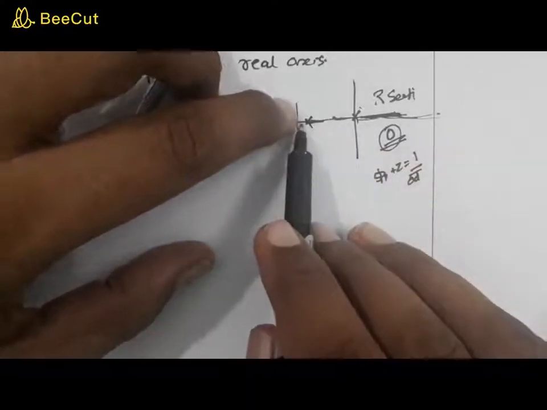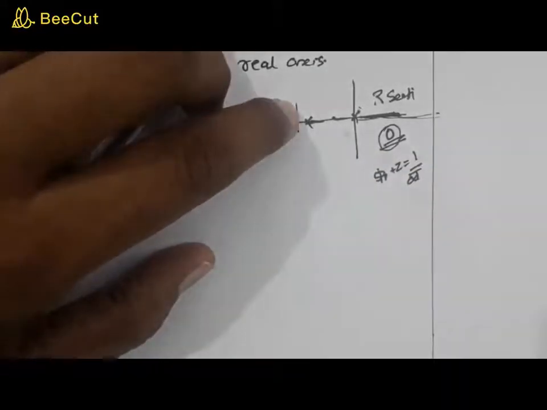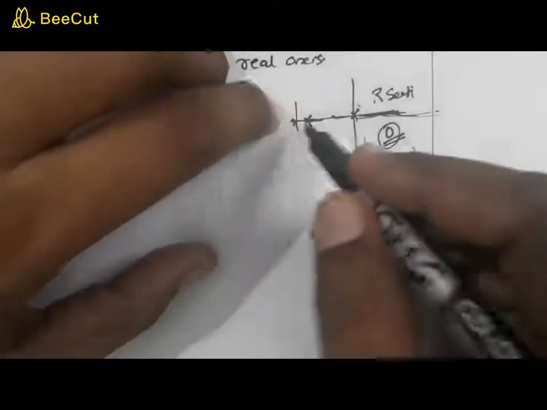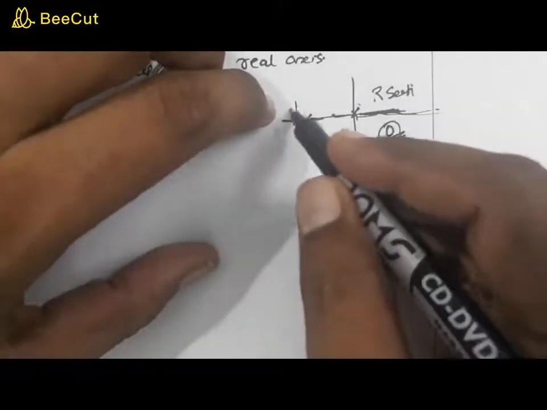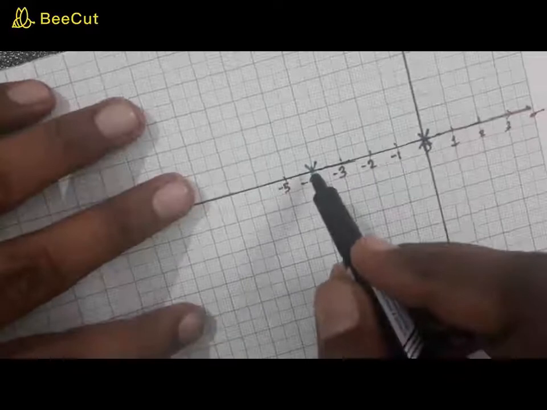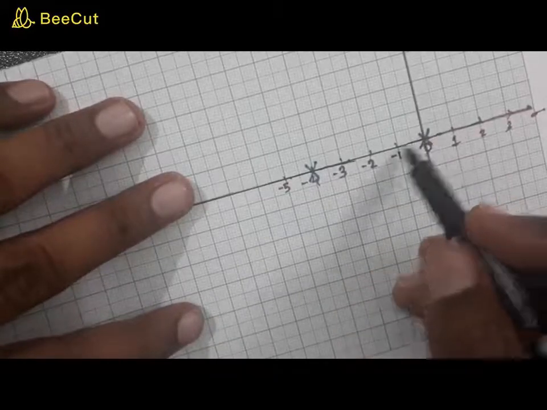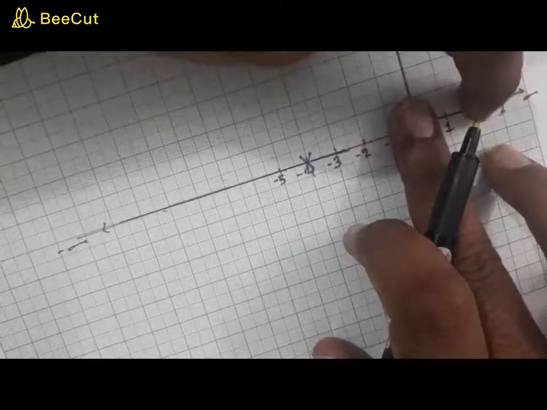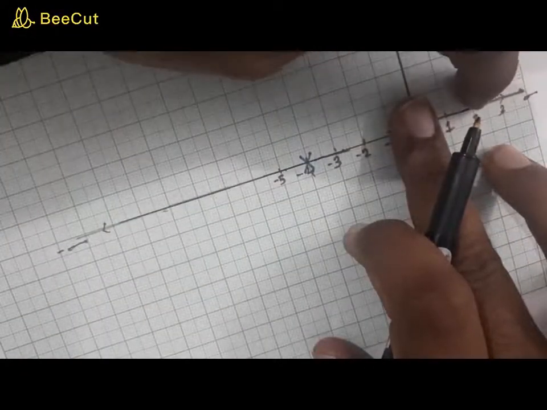When you take this point and see the right of it, you can see the number of poles is equal to 2, which is an even number. That means no root locus exists. So we have shown that these two poles will be moving in opposite directions. It won't be going in this direction, because after this point you don't have an odd number of poles and zeros.